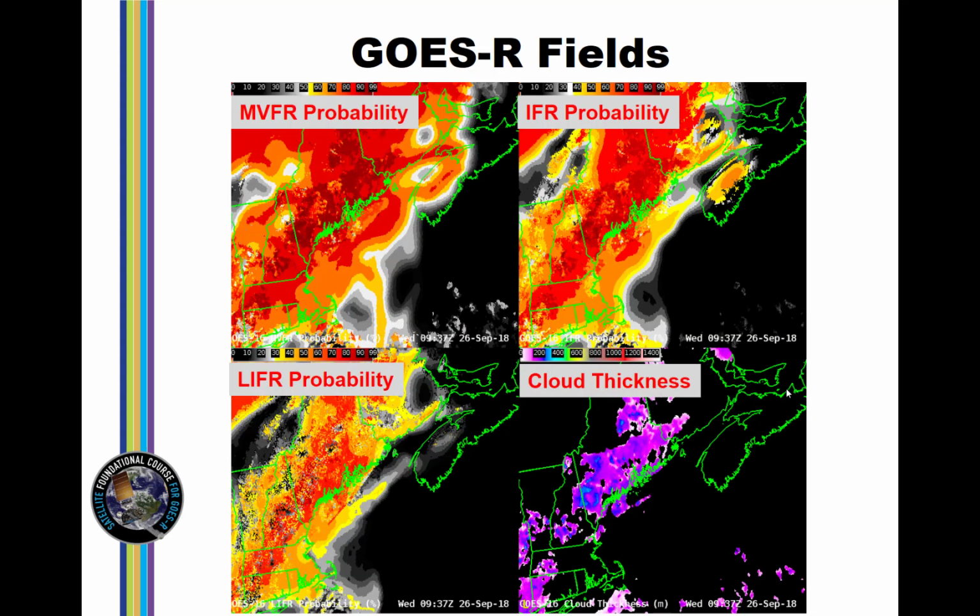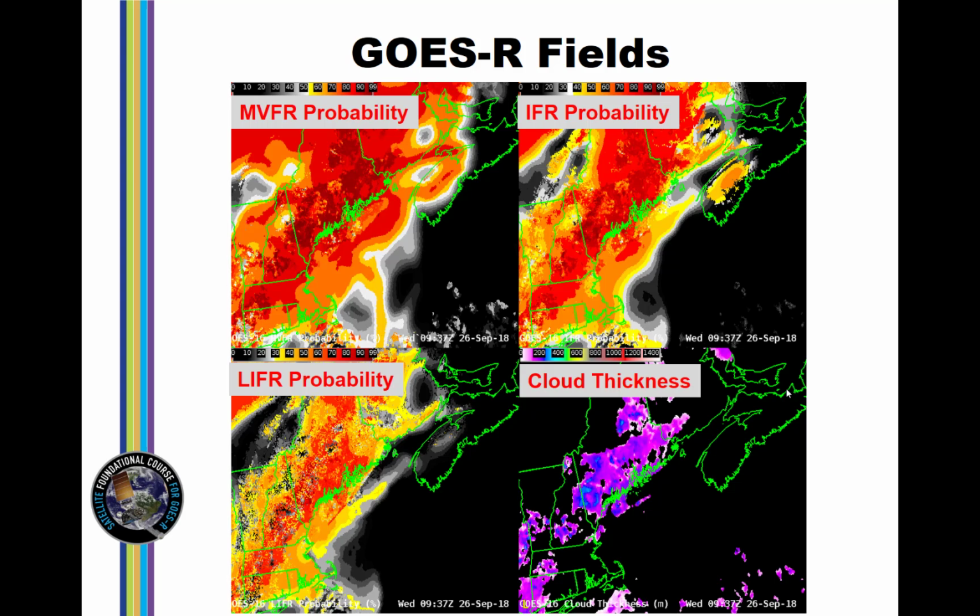There are actually 3 probability fields for MVFR, IFR, and low IFR conditions, as shown here over New England. As you might expect, MVFR probabilities are always greater than IFR probabilities, which are always greater than low IFR probabilities. Cloud thickness in the bottom right is a GOES-R product that estimates the vertical thickness, cloud base to cloud top, of the lowest water-based cloud layer.